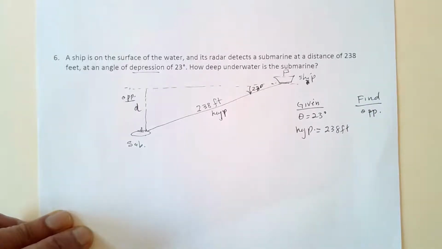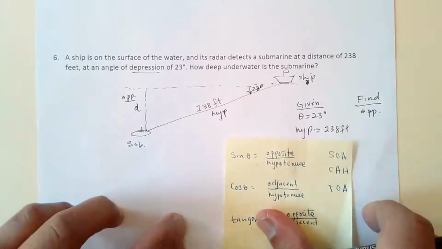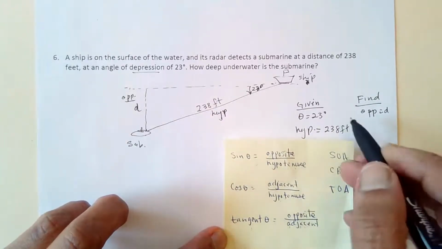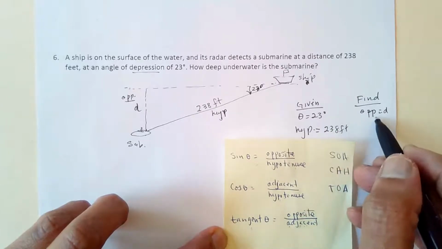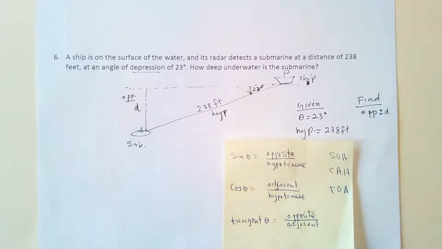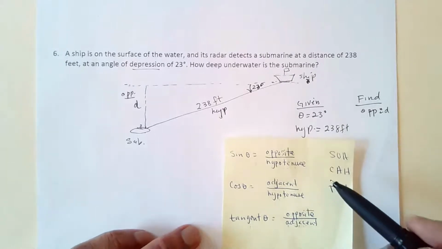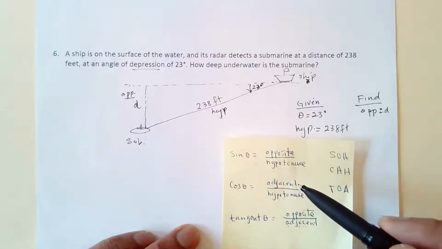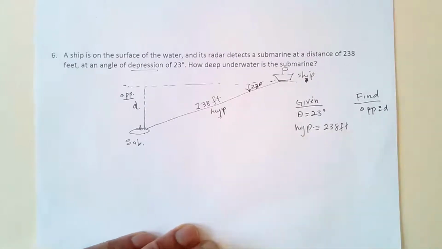I'll go to my trig features again and find when there's a match between hypotenuse and opposite. Hypotenuse and opposite give me the sine. So I'll use the sine trig ratio.